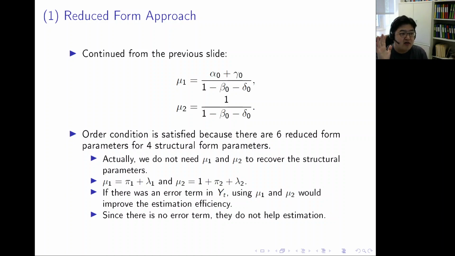So then the most efficient way is to optimally weight those different informations. That is the intuition. So if you had additional error term, then you have to correctly weight them.